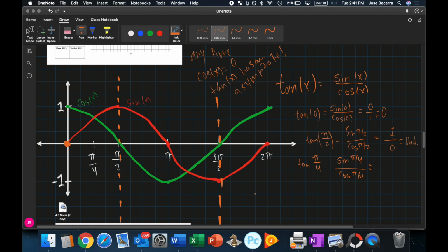Now for this, you may need to remember the trick that I taught you guys about the unit circle and figuring out the coordinates. Pi over 4 is the same thing as 45 degrees. What is the coordinate for pi over 4? Do you guys remember? Square root of 2 divided by 2, and it's the same thing, square root of 2 divided by 2.